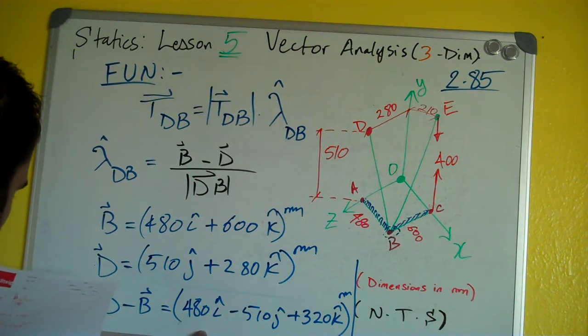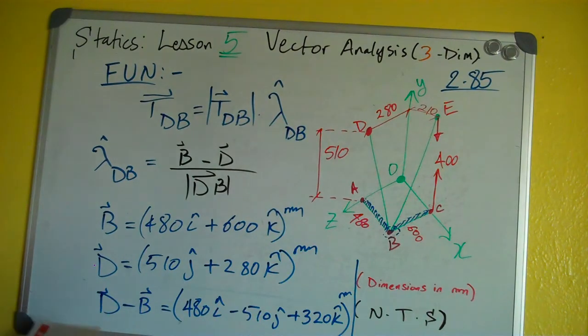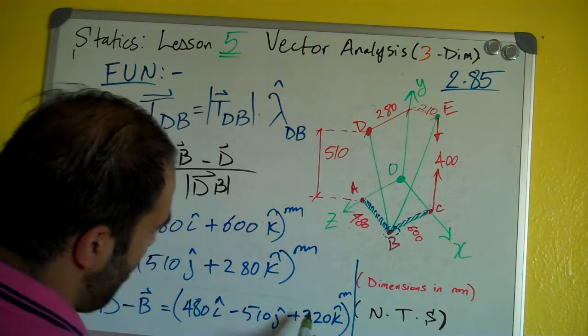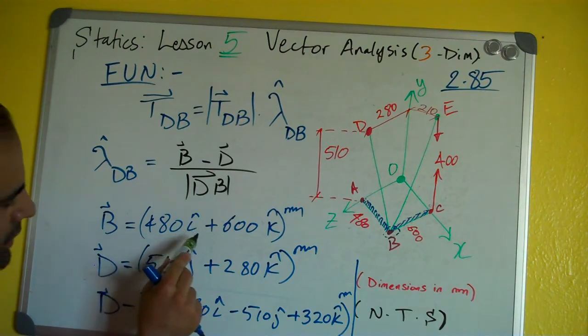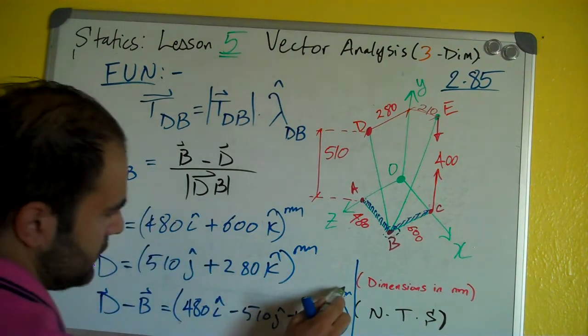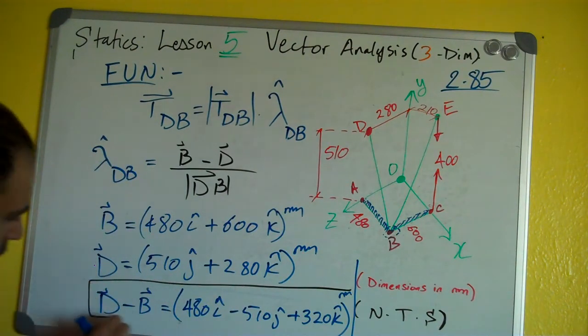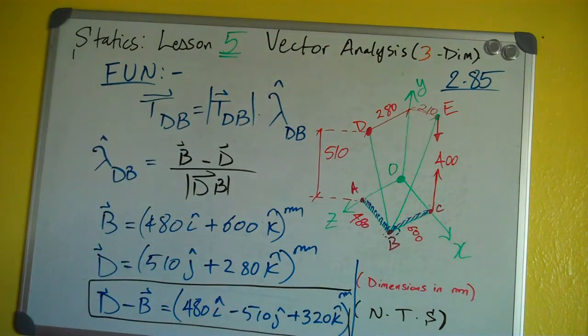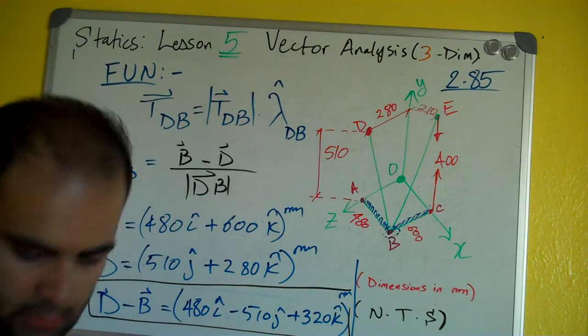The way I solved it, I reversed them, but I'm doing it purposely here because I know that you guys get confused when I write I or J before I and so on. So this is what you're looking for, and then you want to find the magnitude of this.